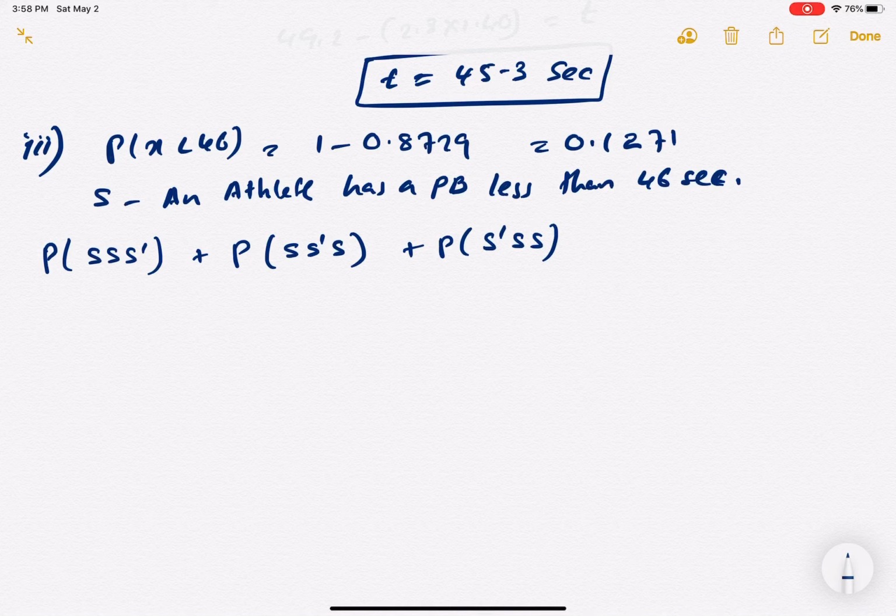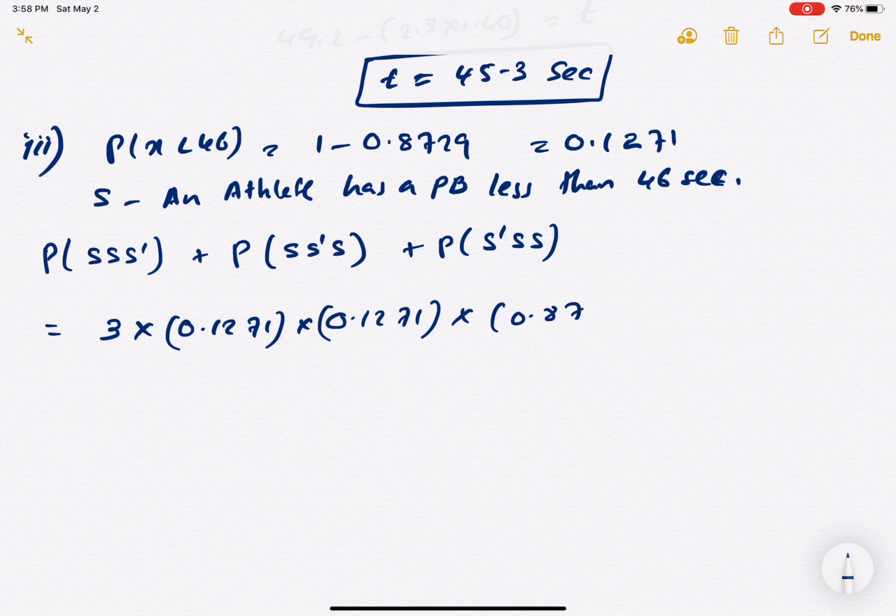So it's kind of a tree diagram. It should be 3 times 0.1271 times 0.1271 times 0.8729. So this should be the final answer. Let us check this one.